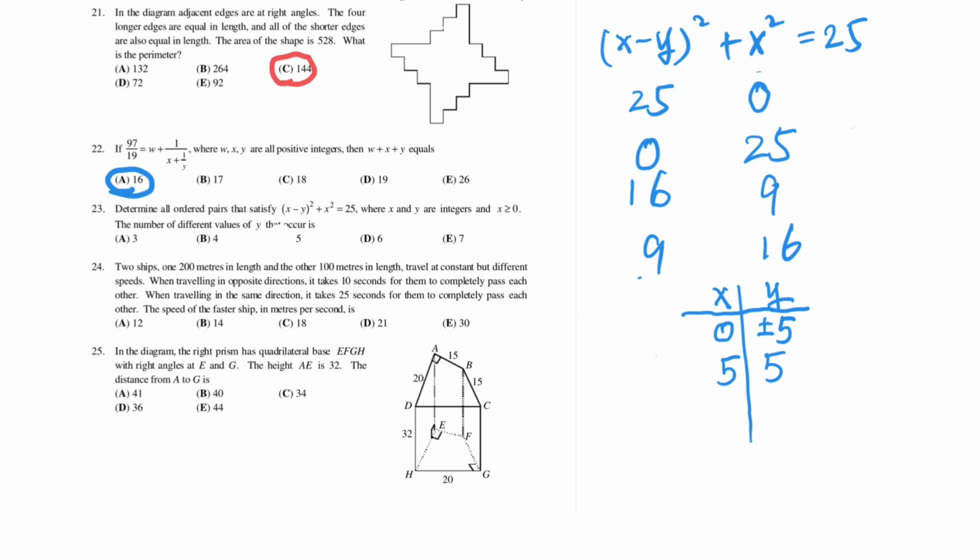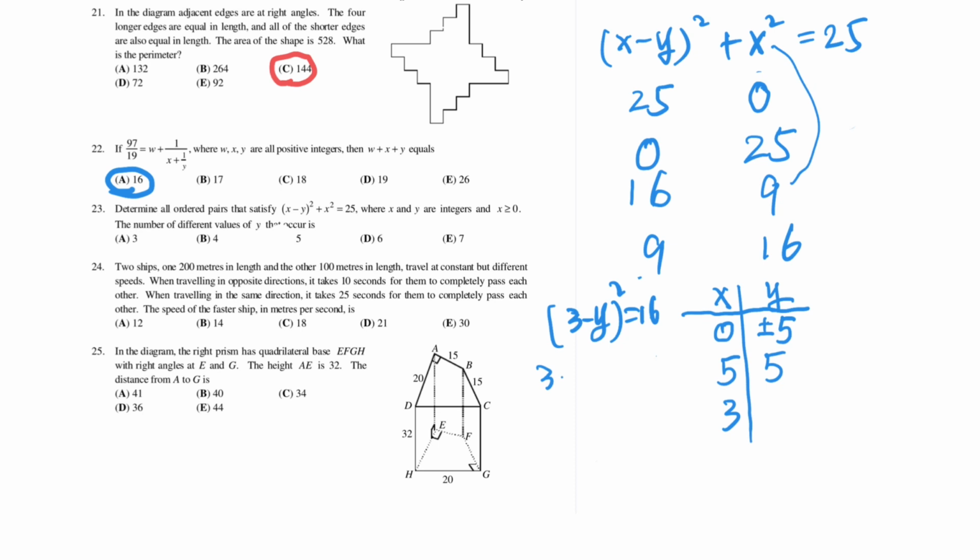The third one: when x squared is 9, x is 3, and (3 minus y) squared equals 16.